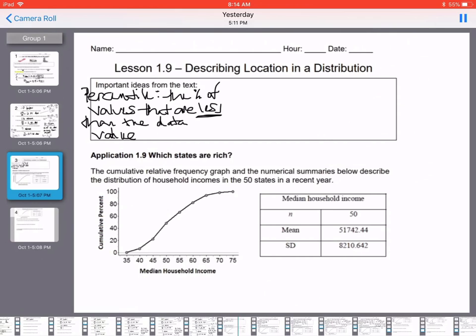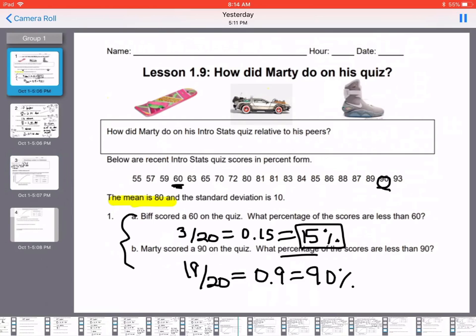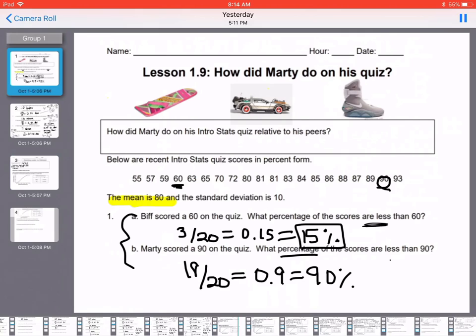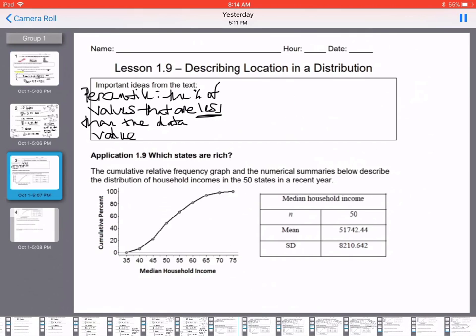Notice that from number 1A and B, we were always looking at less. So that's percentile, less.